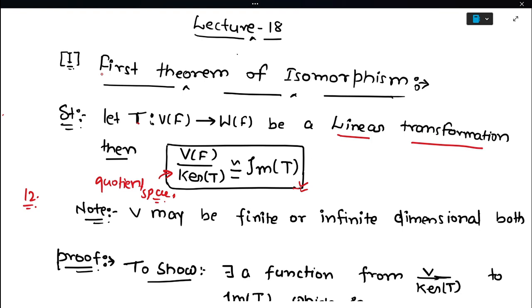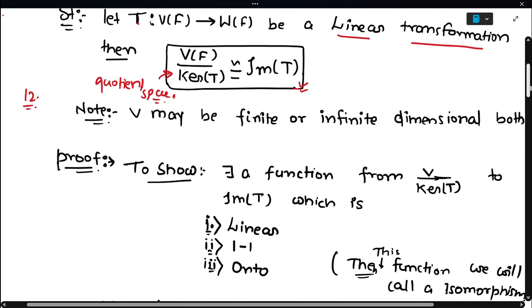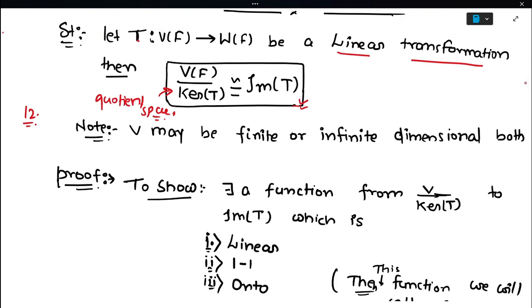Firstly, V may be finite dimensional or infinite dimensional. It is easy to prove in finite dimensional, but we will learn both finite and infinite dimensional.